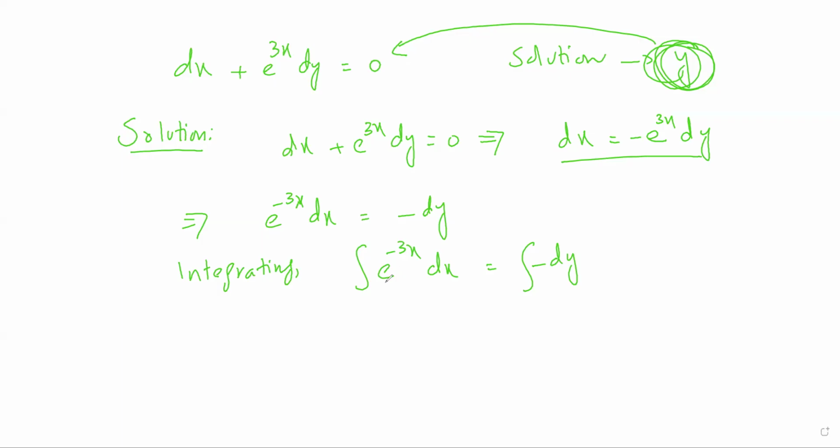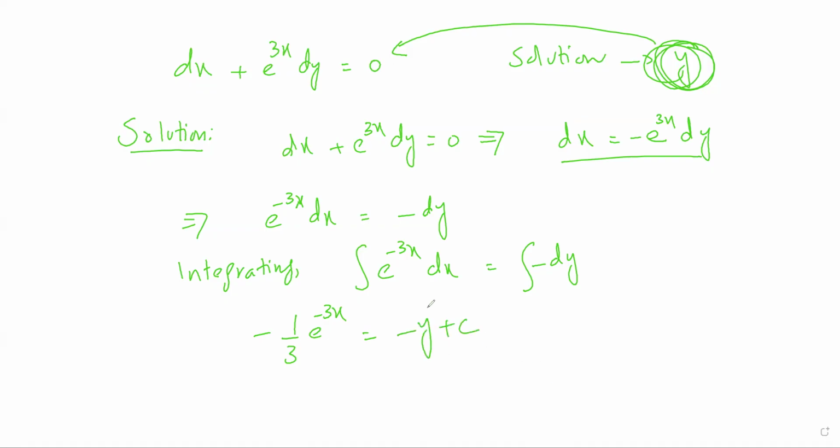Now, the integration of e^(-3x) is minus 1 by 3 e^(-3x). This is equal to, and the integration of minus 1 is minus y plus c.